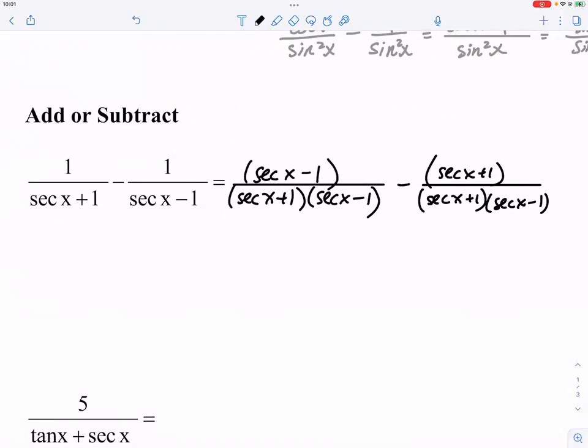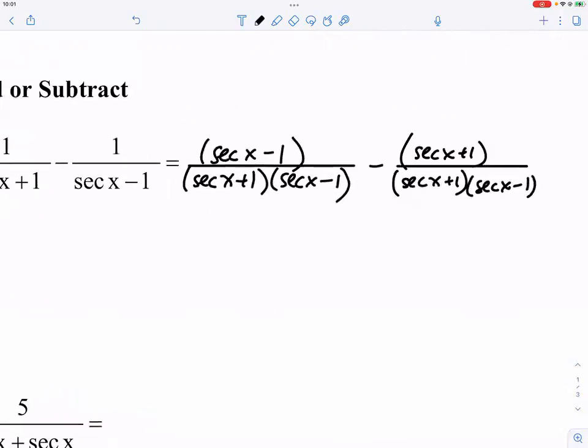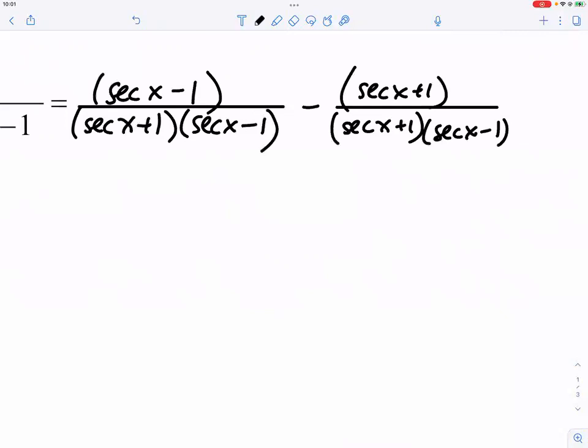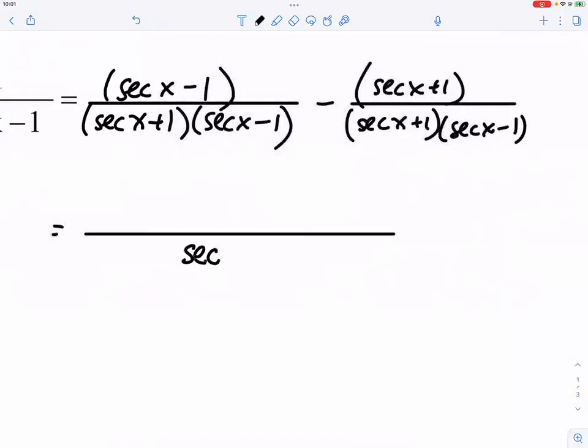Middle school math right here, except that it's now more fancy. So what does the denominator become? It becomes secant squared x minus 1. A plus b, a minus b. And the numerator becomes minus 2.